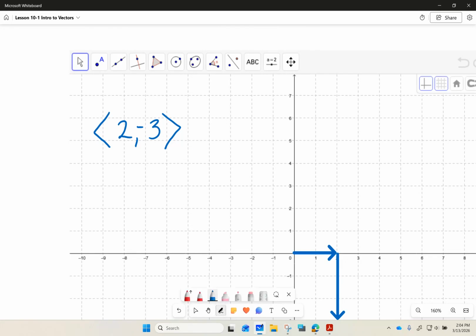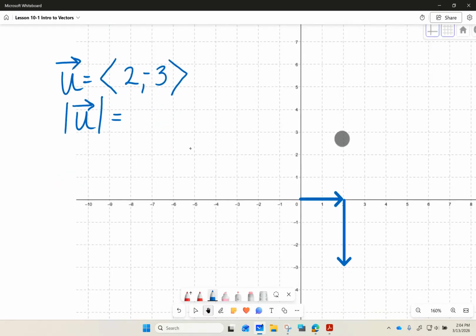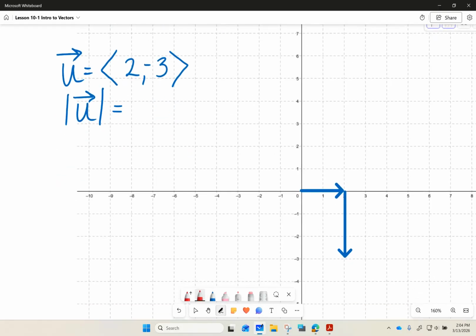When I tell you, hey, these are the components of my vector, ⟨2, -3⟩, and they're asking us to find the magnitude of vector U, that means I'm asking you to find how long the vector U is.